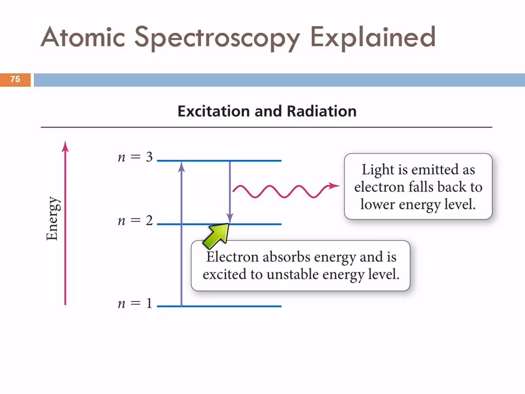It can jump down to a different level. So here we have it coming from level 3 down to level 2. And it releases energy in the form of electromagnetic radiation. And we can measure the energy of that. The energy of this light corresponds to the difference in the energy levels between those two principal levels in the atom.